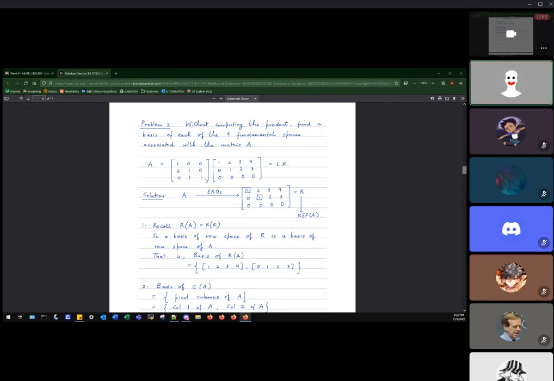And elementary row operations don't change the row space of a matrix. So applying any row operations on this matrix would preserve the row space. Therefore, the row space of this matrix is the same as the row space of this times this, which means the row space would be just these two rows, 1, 2, 3, 4, and 0, 1, 2, 3. I think I skipped a few points.